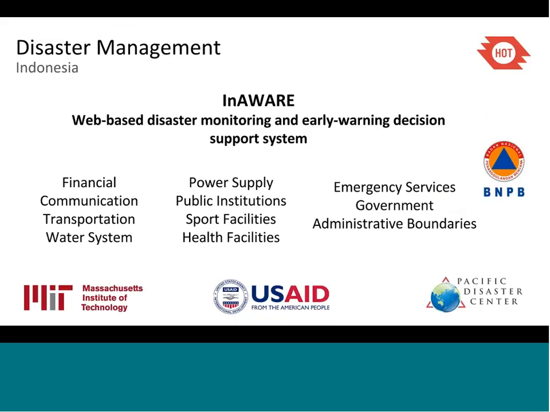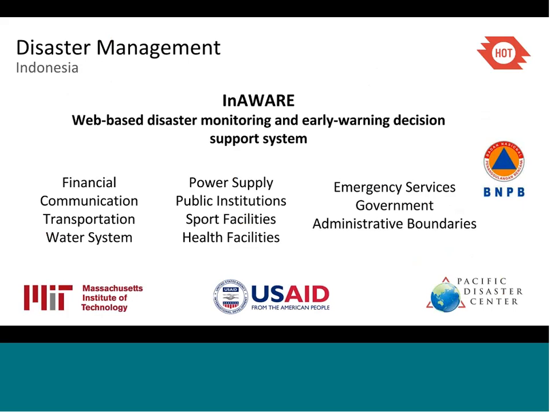This is just an example of one of the projects that we're currently doing, and this is one that I'm overseeing. It's in Indonesia, and this is working with the Indonesian National Disaster Management Agency, BNPB. And what we're doing is we have a fairly sizable team on the ground in Indonesia helping to map different features that you can see on the slide.